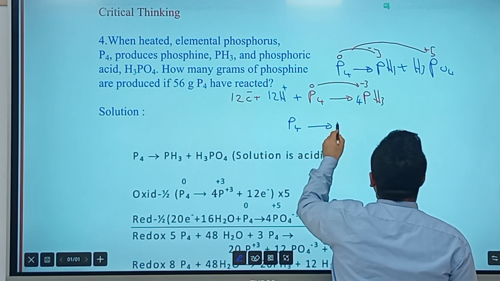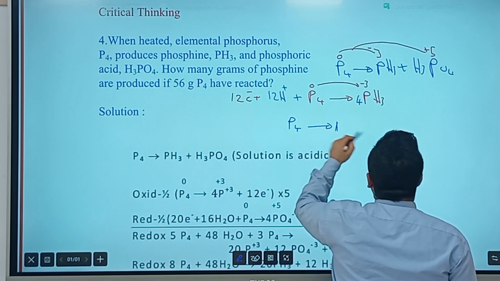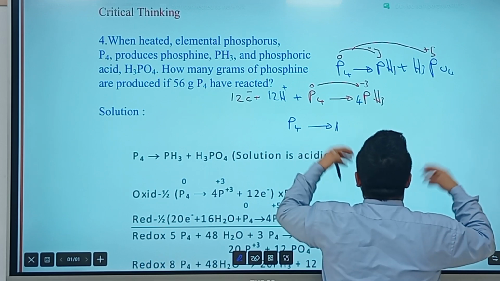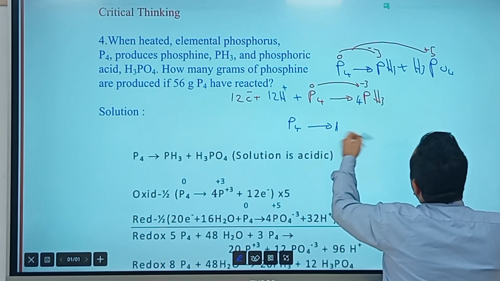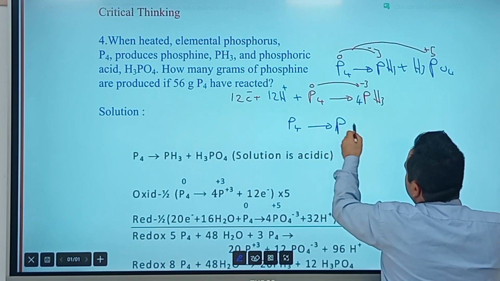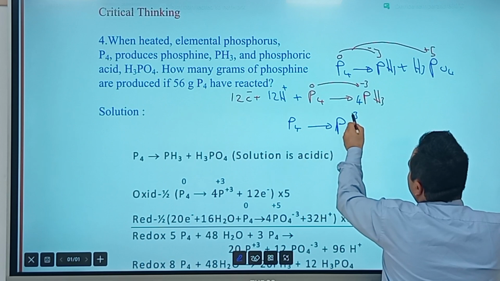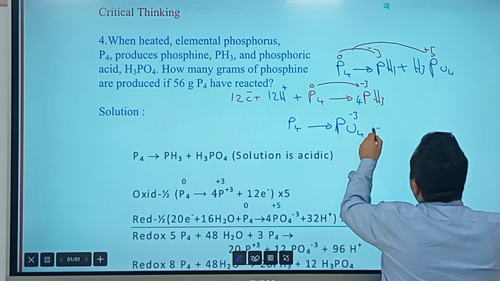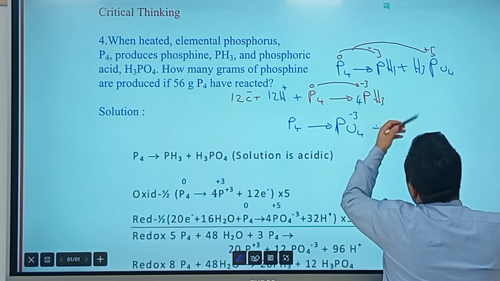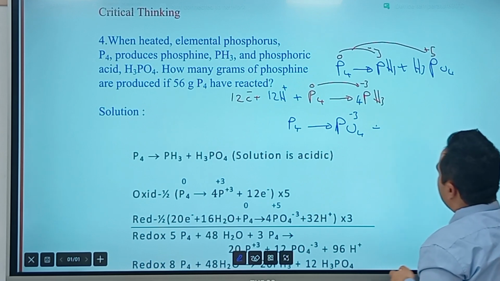P4 goes to form H3PO4, or we can dissociate it into PO4 3 negative and H3. The H3 will not be added to the system.